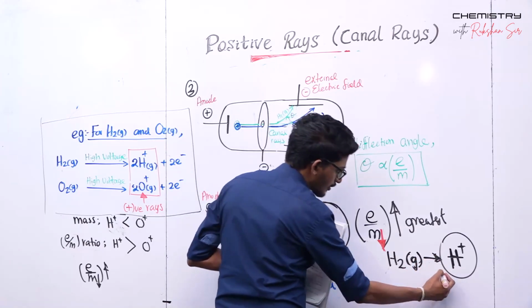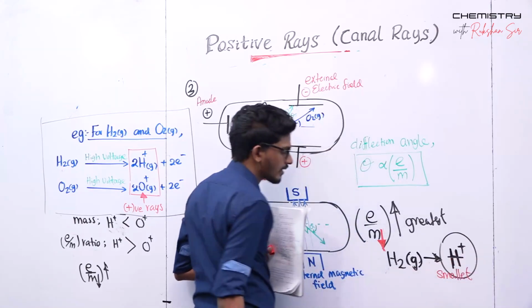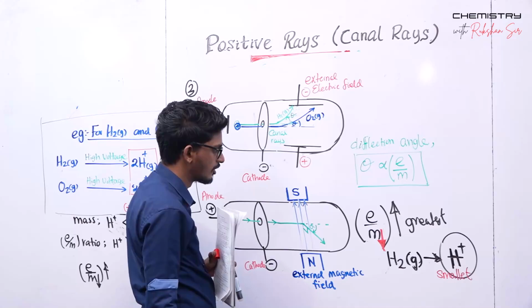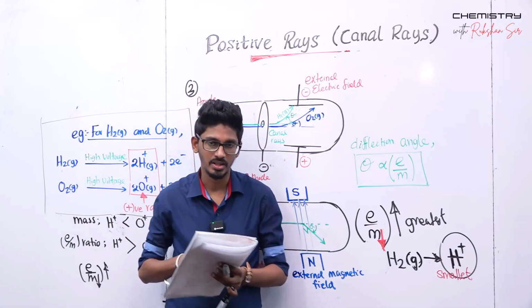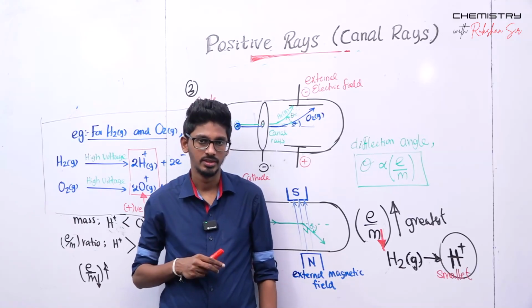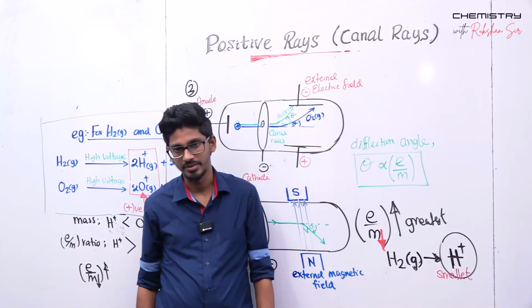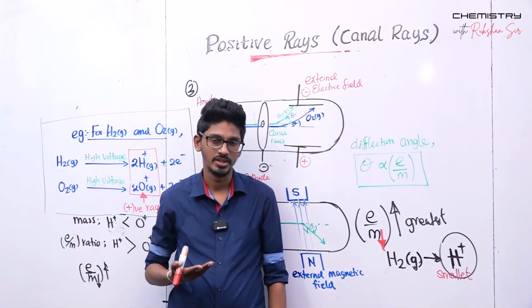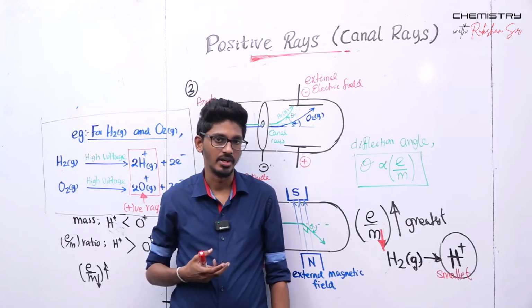So this is the smallest positive ray particle, and that was ultimately concluded as the fundamental positive particle, the tiniest positive particle. The H plus, known as the proton, is referred to as the fundamental positive particle.